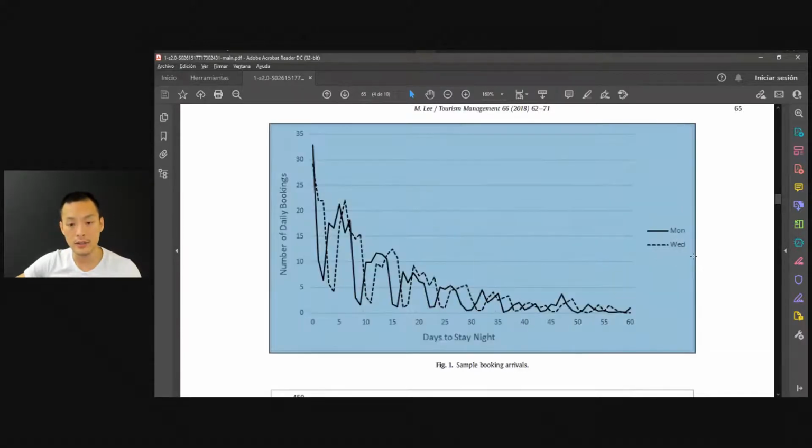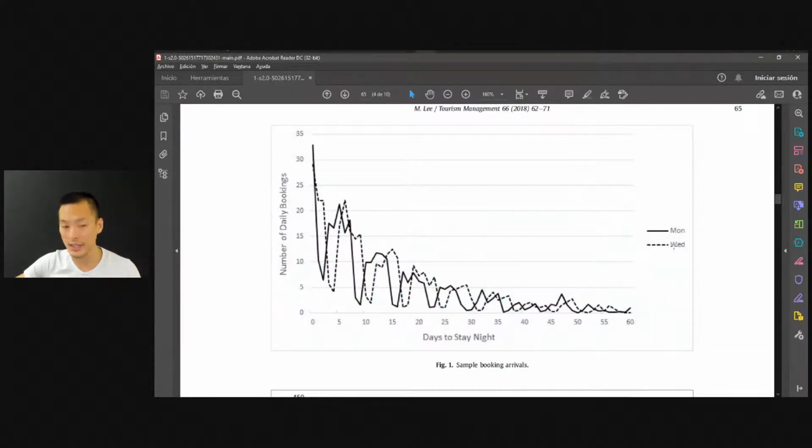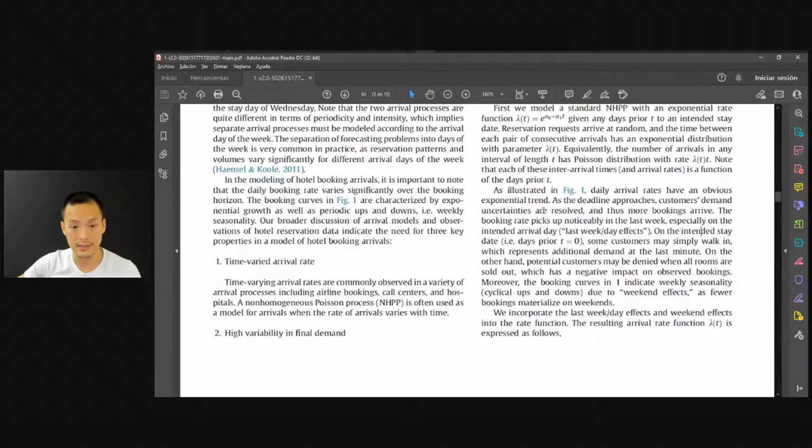The other thing you see is that they give you Monday and Wednesday, and you see different kinds of plots. So you know immediately that there is a difference between staying on a Monday at a hotel and staying on a Wednesday at a hotel. And if you look at the text, it says so implicitly as well. It said the booking curves in one indicate weekly seasonality due to weekend effects as fewer bookings materialize on weekends.